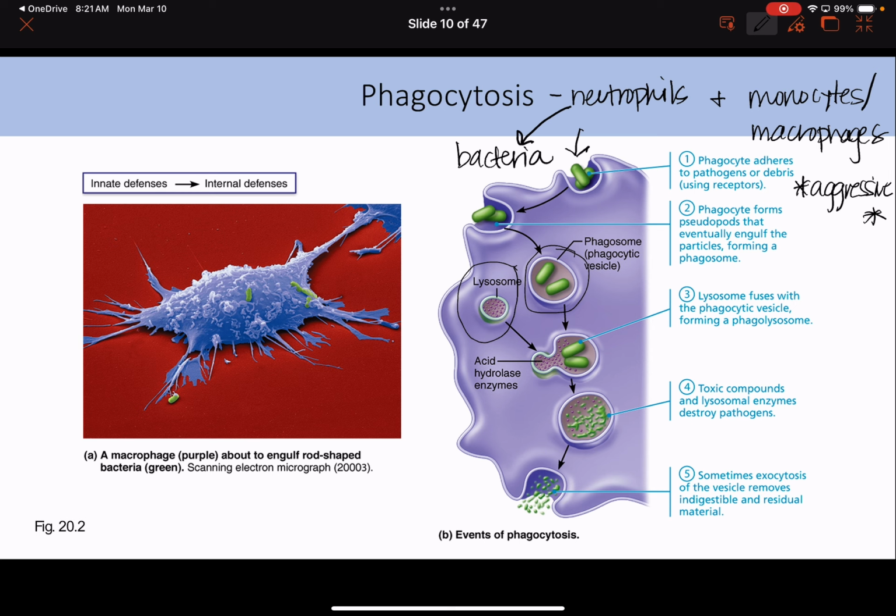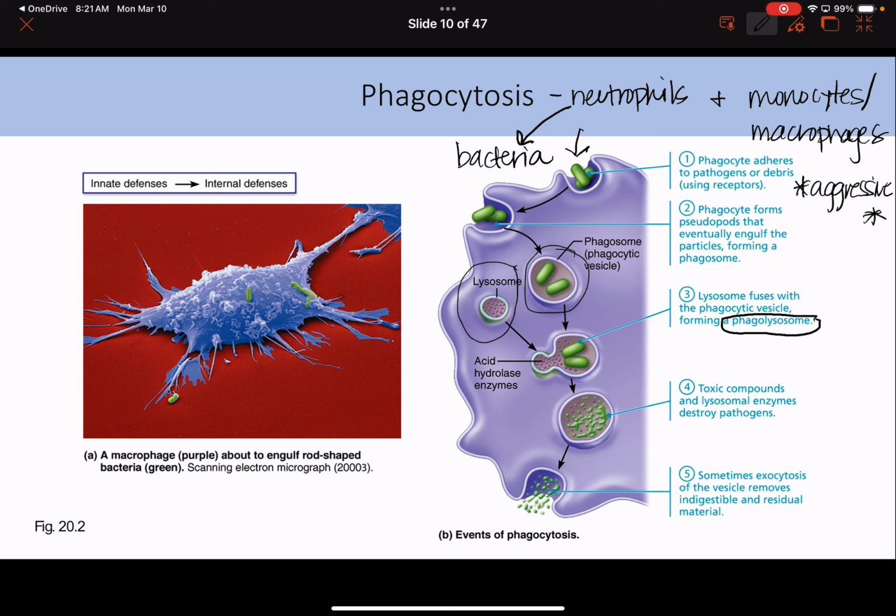And so this phagosome, which is a phagocytic vesicle, and a lysosome merge together to release those enzymes onto the foreign invader. When they do merge, they merge into something called a phagolysosome, which is just the pushing together of a phagosome and a lysosome. And so the enzymes are released on that foreign invader, whether it's a bacteria, virus, or what have you, and the enzymes will break that down.